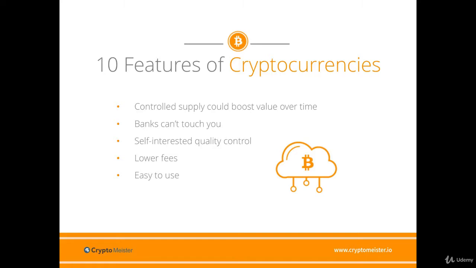They can't reverse transactions. They can't touch your money. So how exactly is this possible? This is made possible because the cryptocurrency ledger lives on a decentralized network with identical copies existing in numerous locations globally.